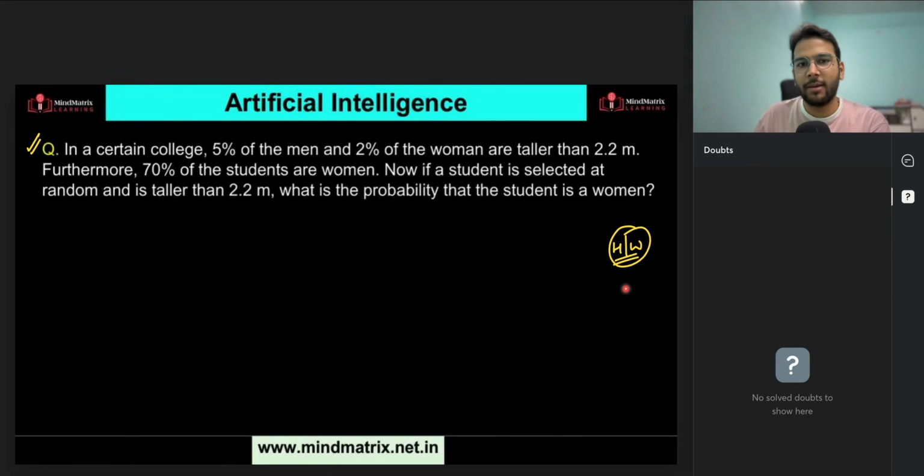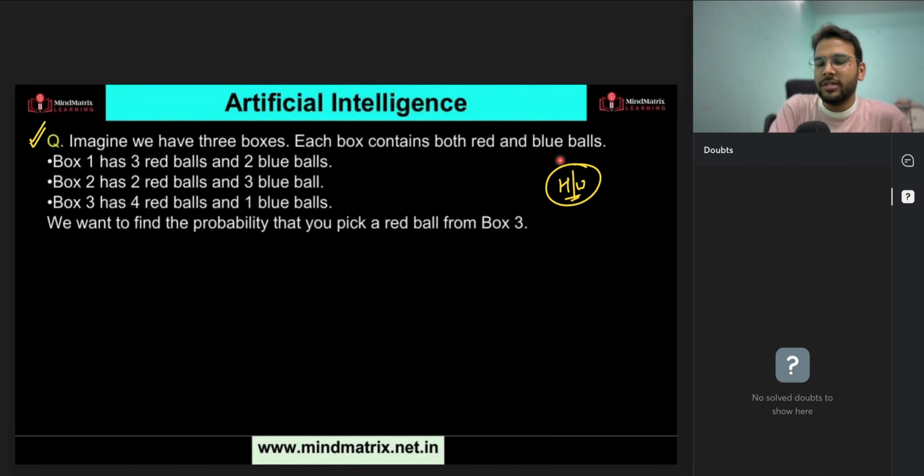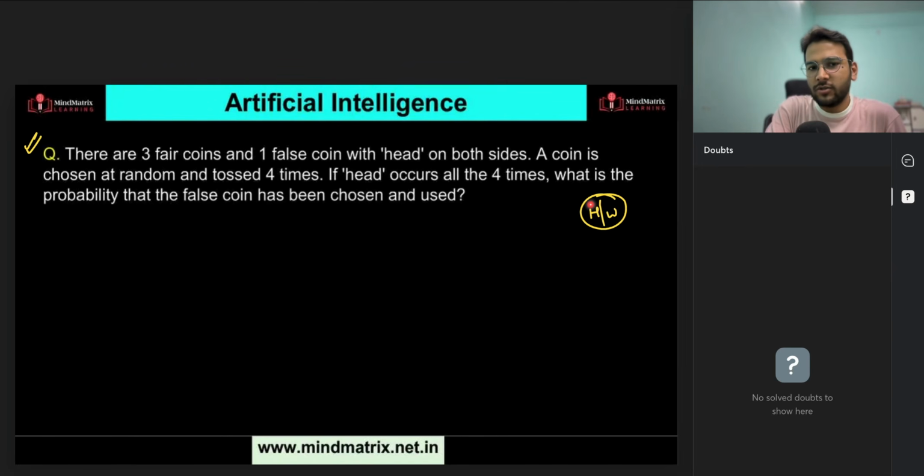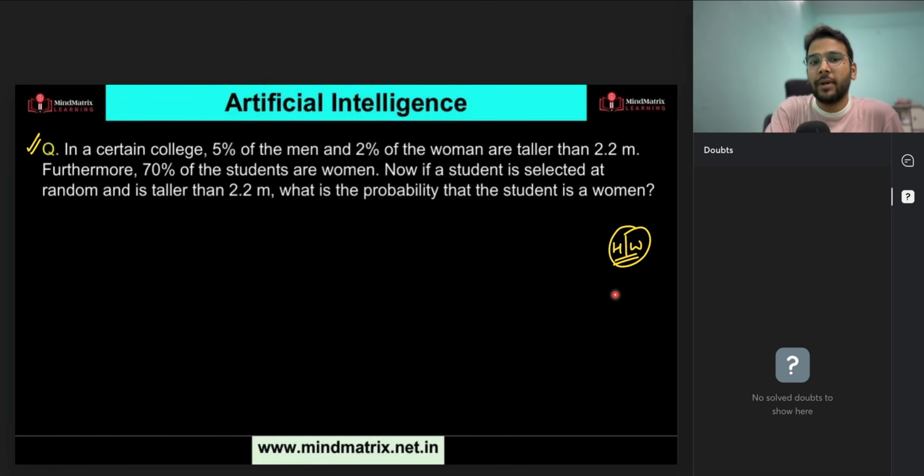I can tell you the answers later on. So you can try solving this and discuss in the group. And if the majority of you are getting the same answer, that means the answer is correct. But again, you can just tag me, I will answer the questions. Yes, these are very simple questions. All these three questions are just based on the Bayes theorem, nothing else.